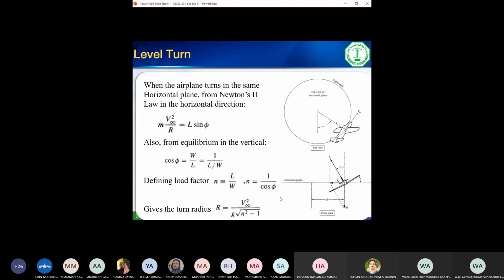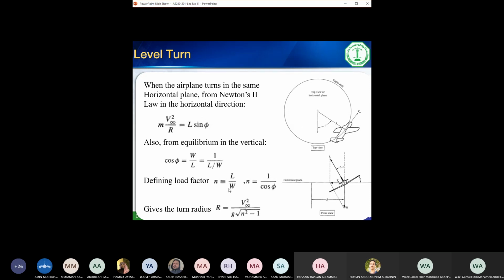So it will increase. The more phi that you have, the smaller cosine phi is, the more the load factor. So it will not be 1. It can be 1.5, 1.2, 1.3, and so on. Also, I can find from here the radius of the turn. So I can separate R and I would know the radius of the turn.